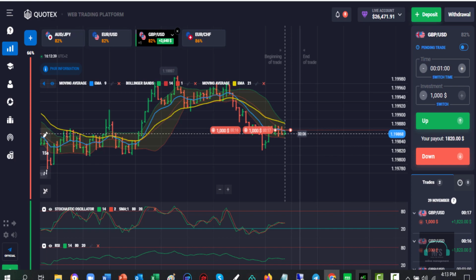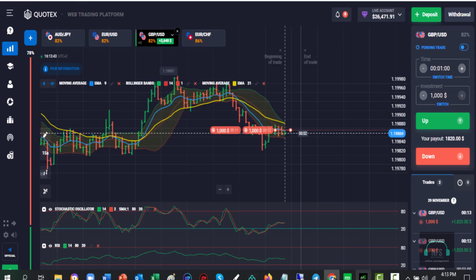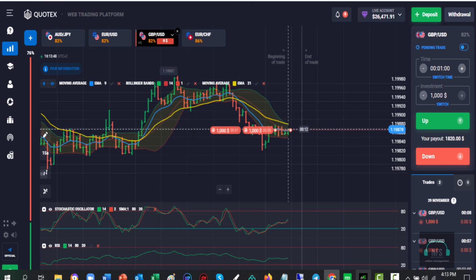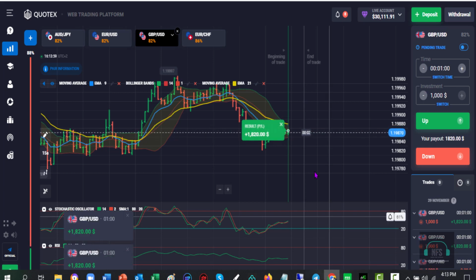Yes, 7.7. Let's see. Oh, it's pumping up. We still have 10 seconds. Now it's pumping up. Yes, down. Now it's down. No, up, down. 3, 2, 1, and yes, in the money.